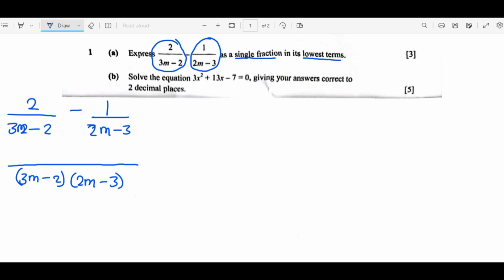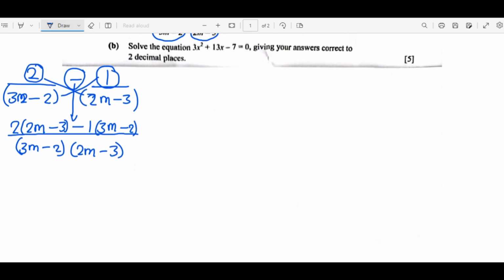The easiest way is that this number should multiply with the denominator of the other fraction. So this will be 2 open brackets 2m minus 3. Then you look at this sign, you bring it here, minus, then this number 1 should multiply with this one. So we're going to have 1 times 3m minus 2.